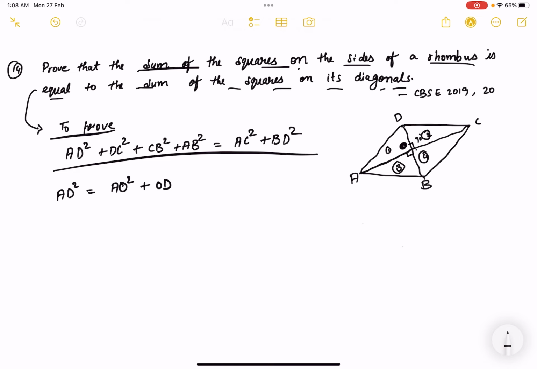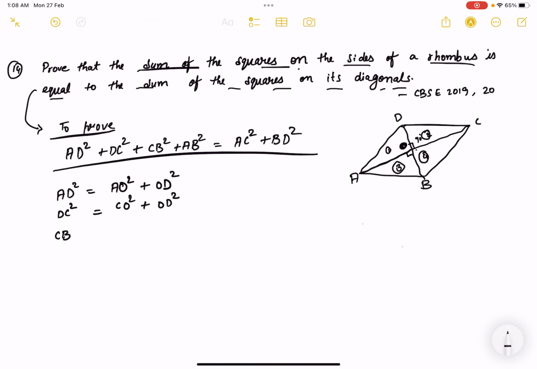Again we have DC square is equal to CO square plus OD square.